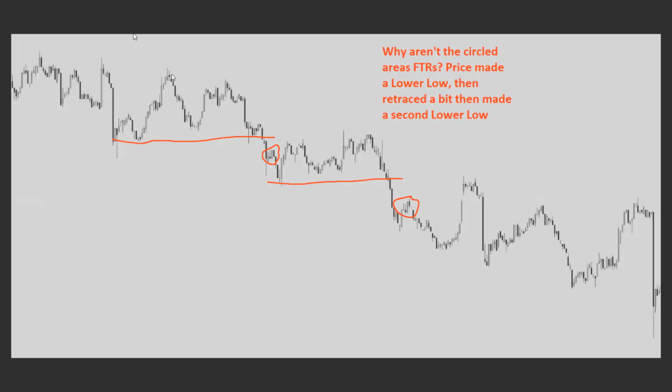Within each of these larger structures, there are multiple FTRs. But it's important that you always reference the higher time frames first, and I'll cover this in more detail on the webinar on scale, but you've always got to be aware of context.